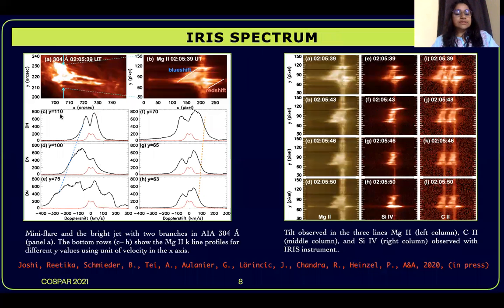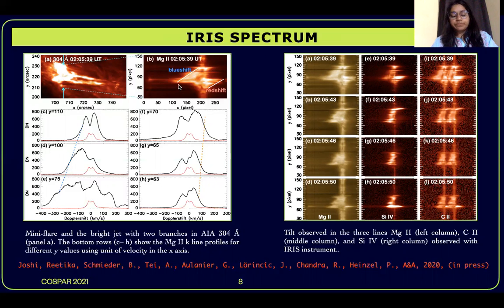Here it is, the AIA 304 observation of the jet where this cool part is embedded in between. This cool part is because of the absorption of 304 angstrom emission due to the helium continuum. This is the position of slit 1, and the spectrum corresponding to this region is this one.